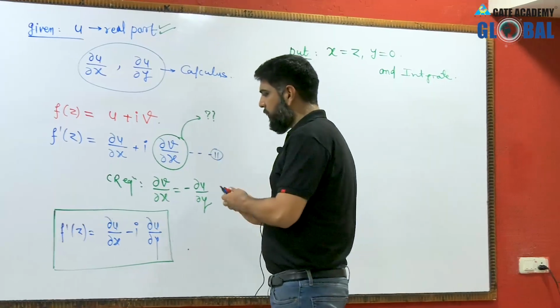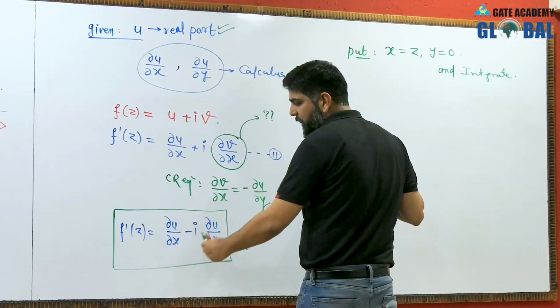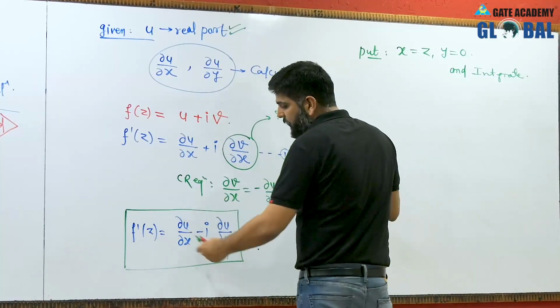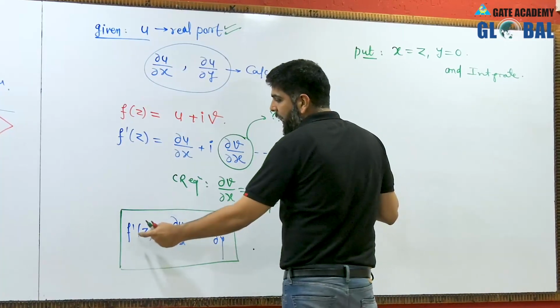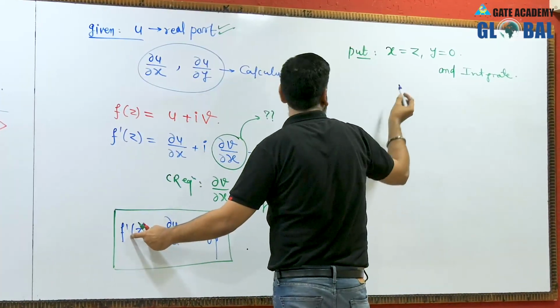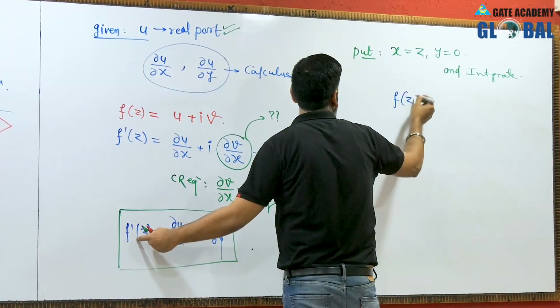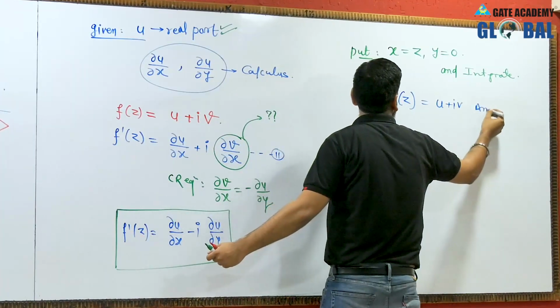All the functions are then in the form of the variable z, and after integrating this f dash z, we are having f(z), which is nothing but u plus iv, and this is our answer.